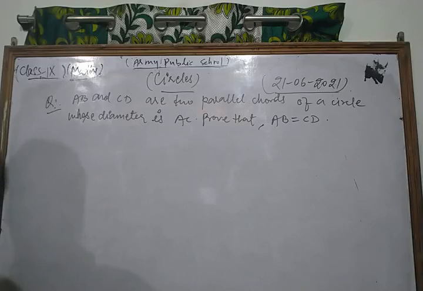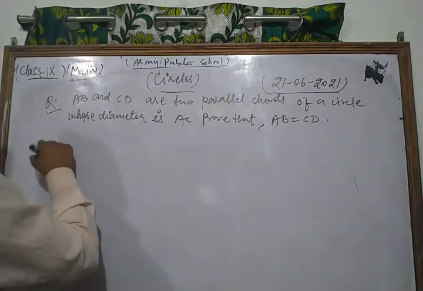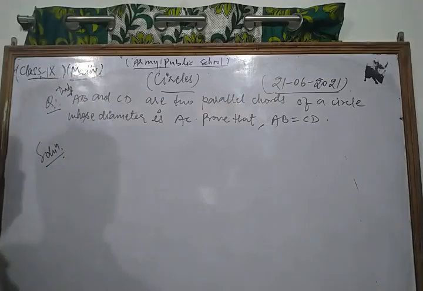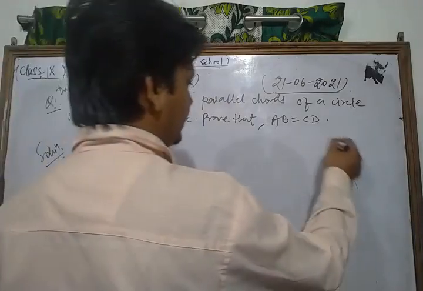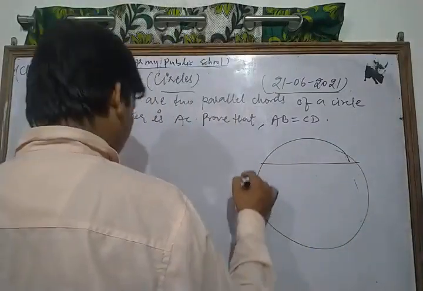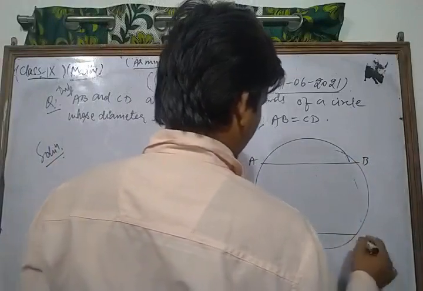AB and CD are two parallel chords of a circle whose diameter is AC. Now first of all let's see its solution. This is a very important question of your syllabus, dear students. First of all we draw a circle, and we draw two parallel chords AB and CD.